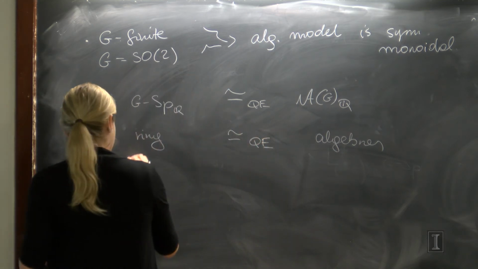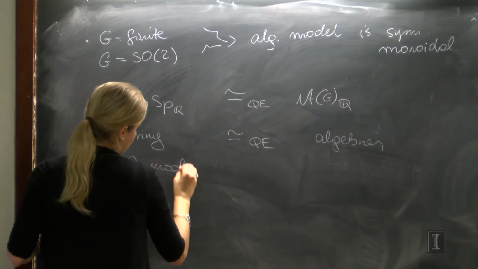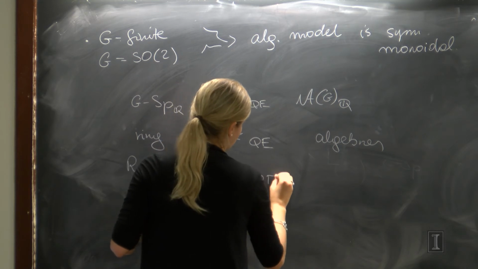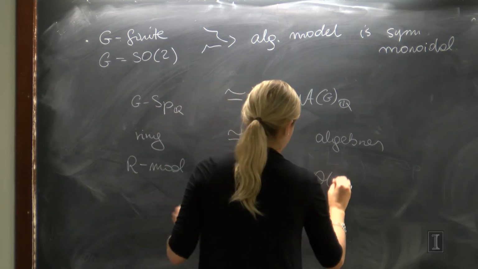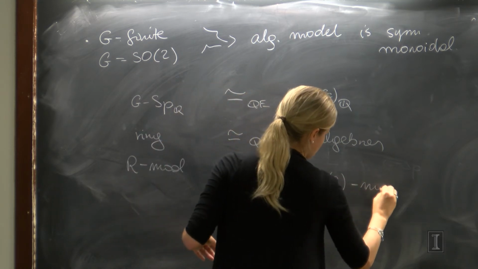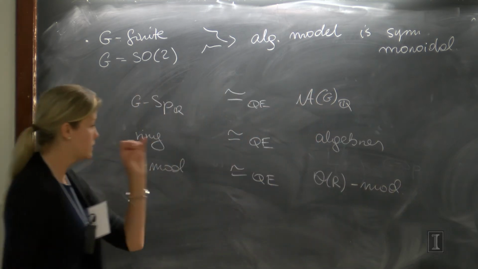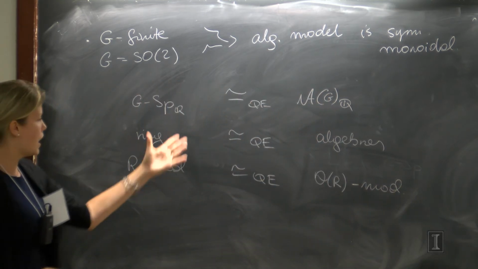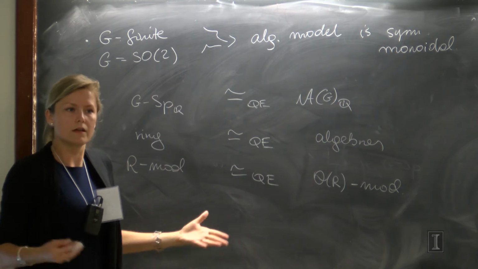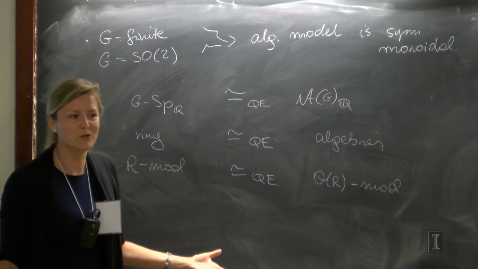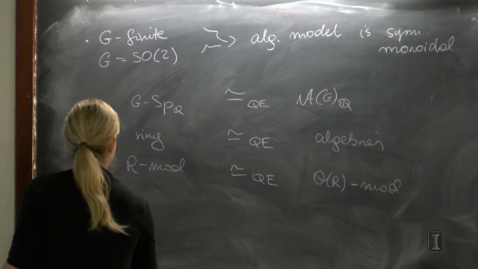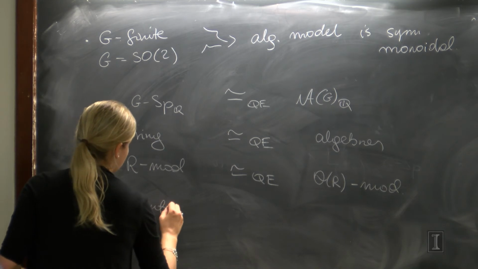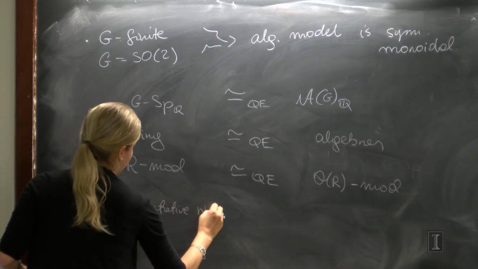And also, if I pick my ring R and consider R-modules, I get a Quillen equivalence with modules over, let me just call this theta of R, the image of R in the algebraic model. So I'm going to get those Quillen equivalences. Now the question is, okay, what happens with commutative ring spectra?